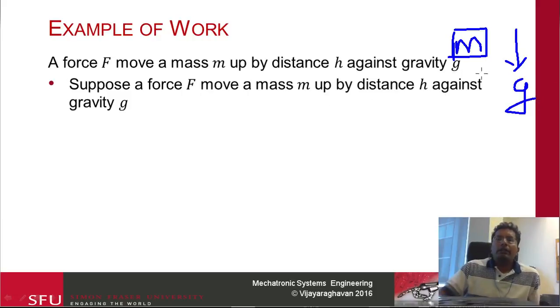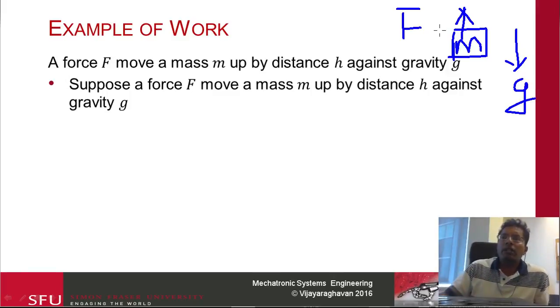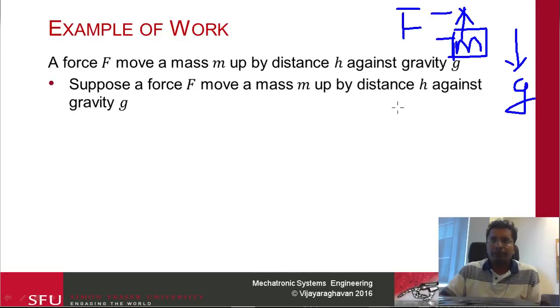Now I'm going to apply a force F on this object, and my aim is to keep it in equilibrium, while F moves this object from this location to some other location like so. This distance is going to be H.